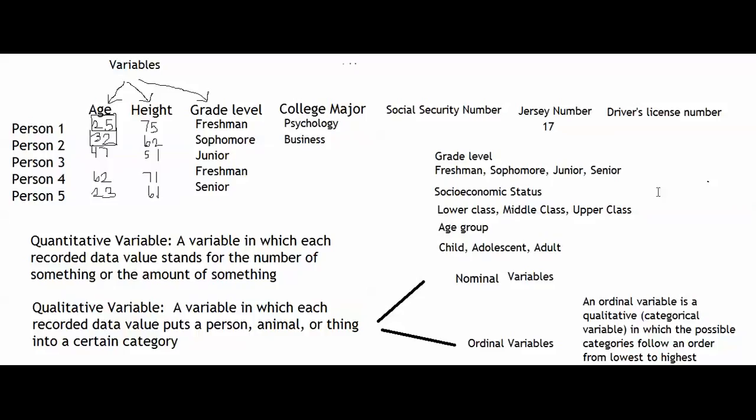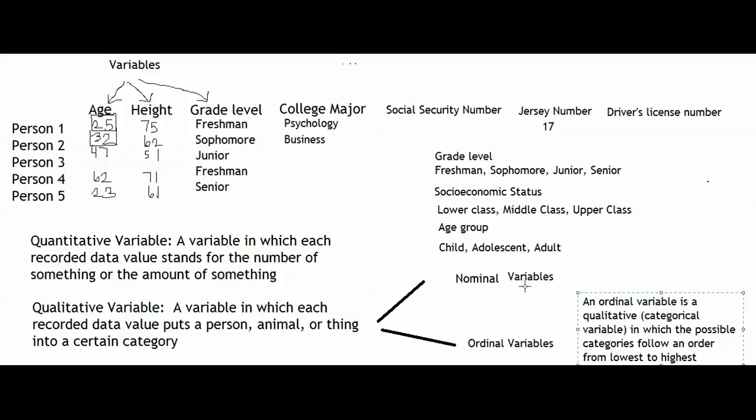So what is the opposite? Well, actually, we won't do any more examples of ordinal variables. A nominal variable is a qualitative variable in which the categories don't follow an order from lowest to highest.